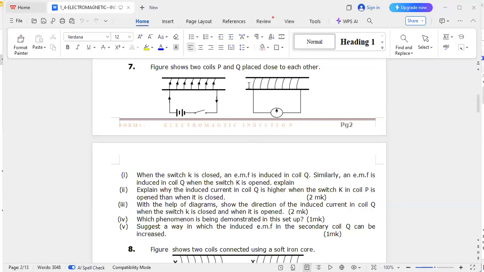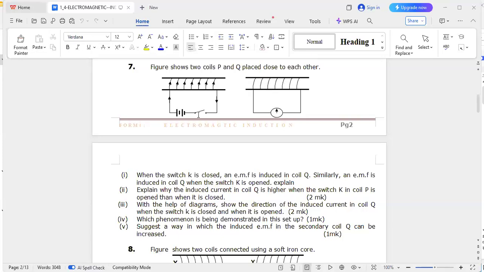So a south develops here, based on Lenz's law. Therefore, using the right-hand grip rule, if this is south and this is north, then the arrows will point downwards on this coil, then this way through the galvanometer, then back.